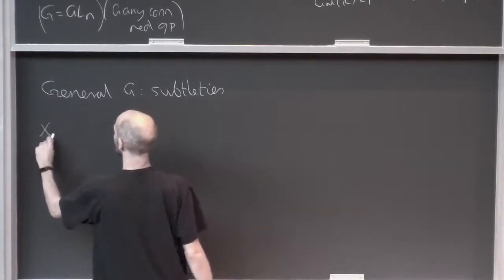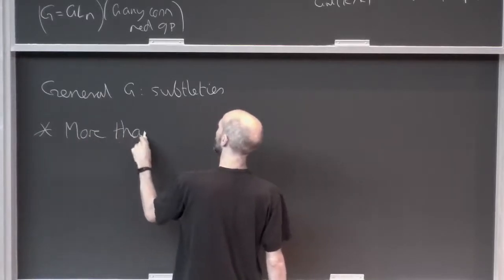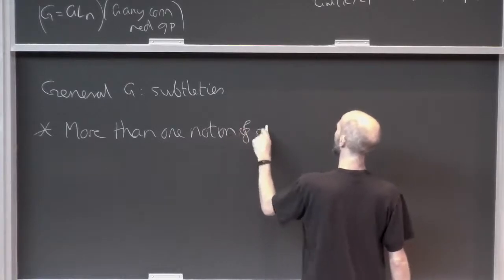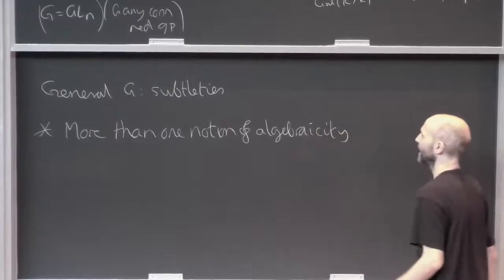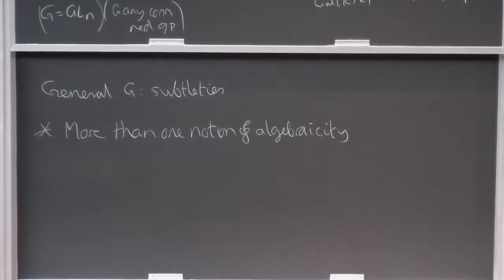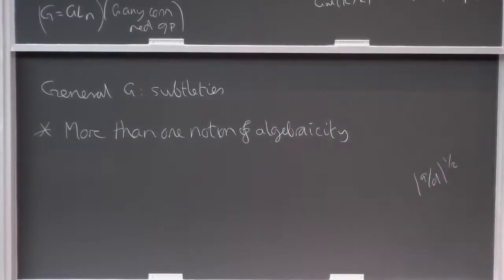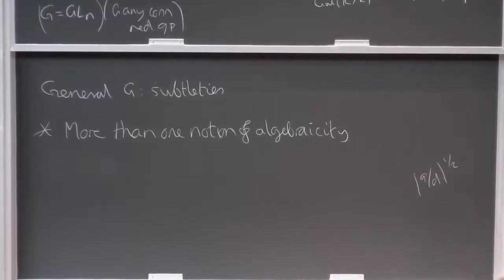So there's more than one notion of algebraicity. And I can explain this to you easily, right? It's just to do with those fudge factors. We had this blasted norm A over D to the power half, right? So this phenomenon is an issue even for GL2. And the issue is norm A over D to the power half sometimes involves the square root of P, right?